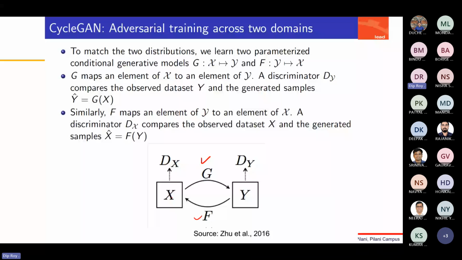G maps an element of X to an element of Y. A discriminator DY compares the observed dataset Y and the generated samples G of X, similar to what you did in an autoencoder, where you wanted to reconstruct. Similarly, F maps an element of Y to an element of X. A discriminator DX compares the observed dataset X and the generated samples F of Y. It's the same thing, but in a reverse manner.